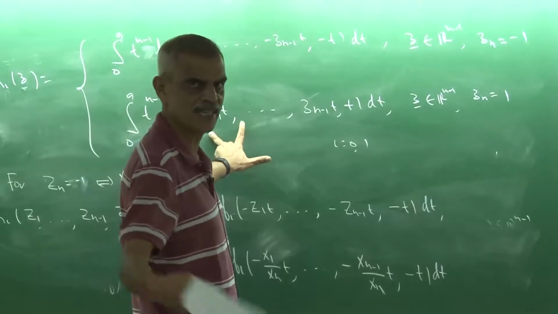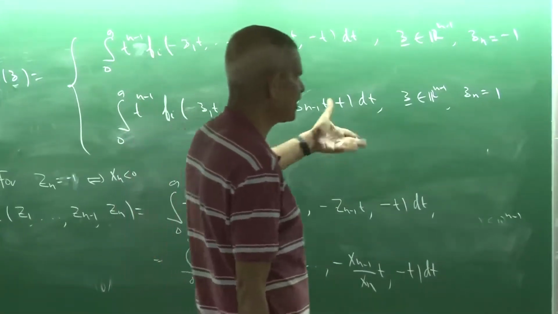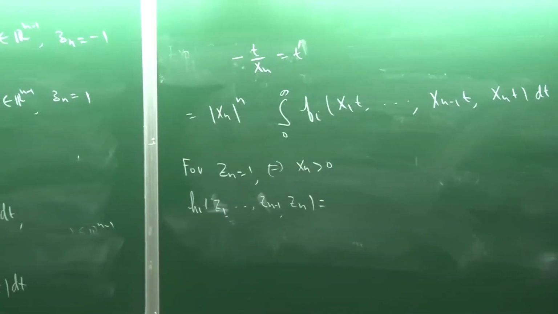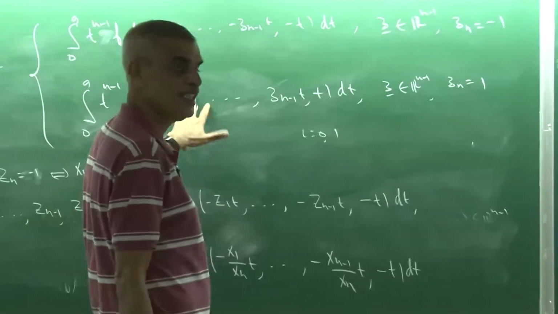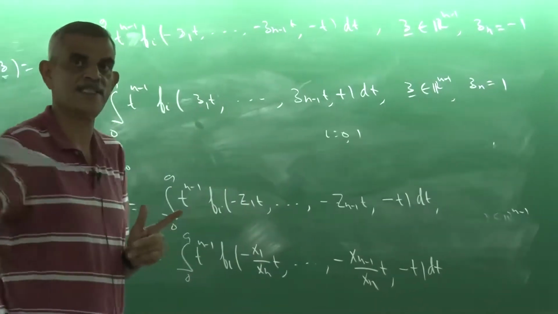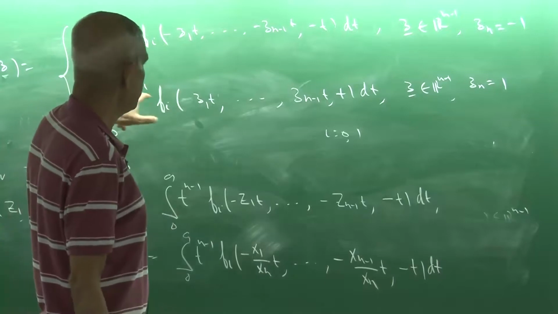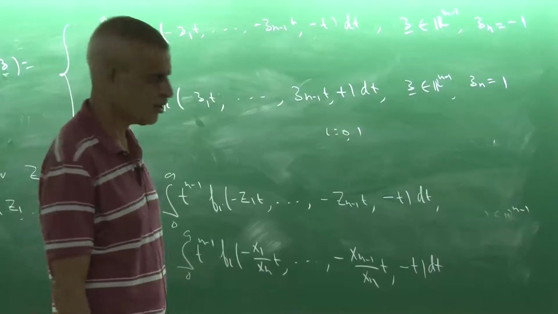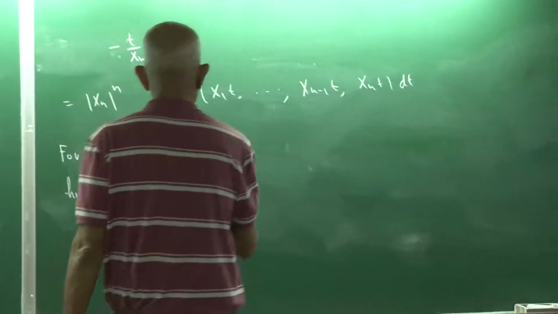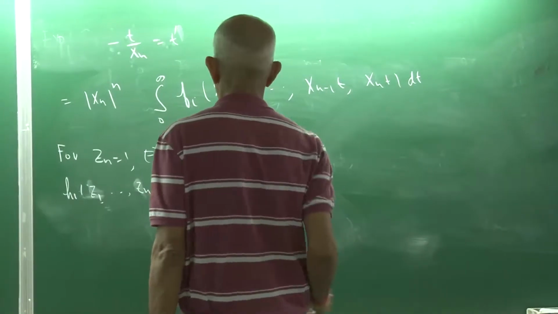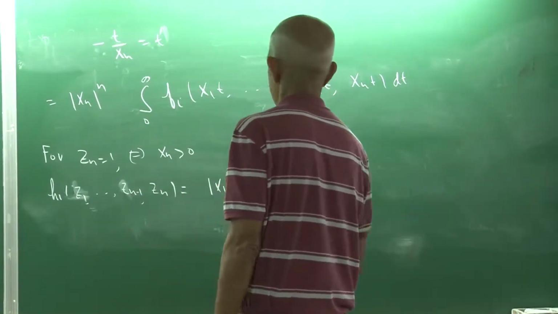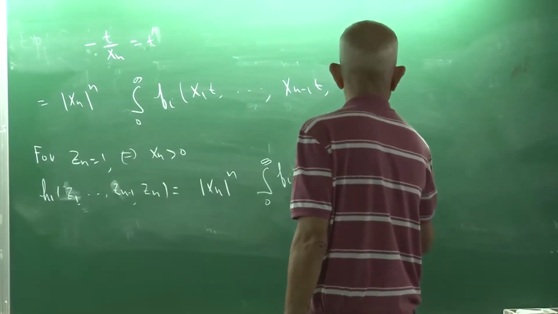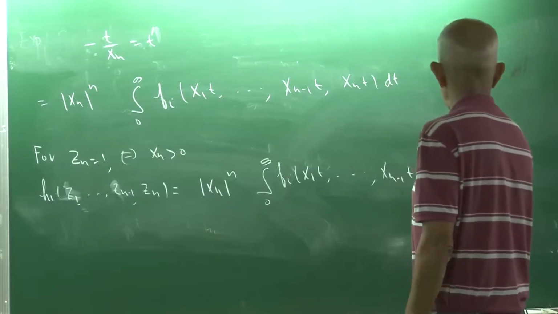So I can take t upon xn as t prime, no change of sign takes place, and you exactly get the same thing. Range remains the same, and here again you get modulus xn. Modulus xn is the same as xn because xn is positive. So this becomes modulus of xn to power n, integral from 0 to infinity, phi of x1 t, ..., xn minus 1 t, xn t dt.